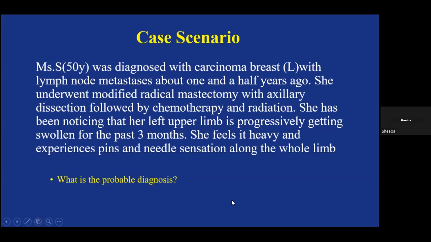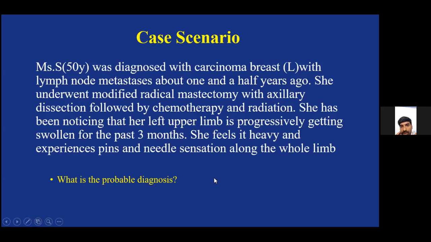So my question is, what is the probable diagnosis? Lymphedema. Any other opinions? It could be DVT. Why are you telling this is DVT? It could possibly be.